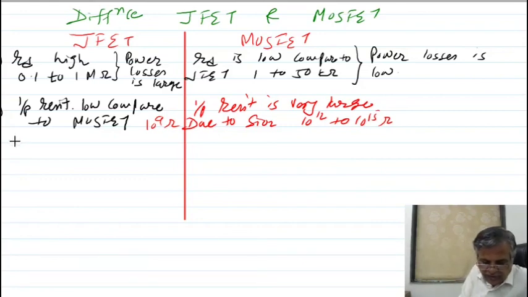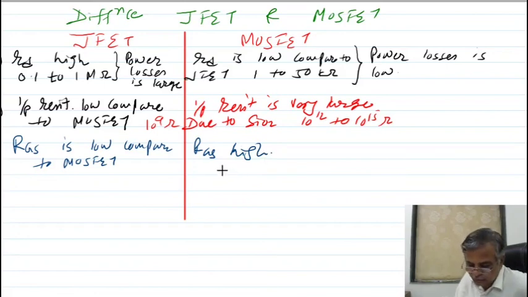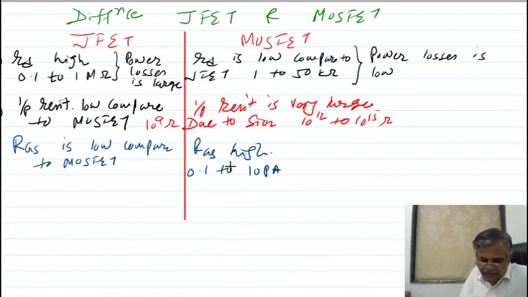Third, gate to source leakage resistance is low in JFET compared to MOSFET. In MOSFET, gate to source leakage resistance is high because, due to the SiO2 dielectric layer, leakage current is very small, of the order of 0.1 to 10 picoampere, and in JFET you can say 0.1 to 10 nanoampere.